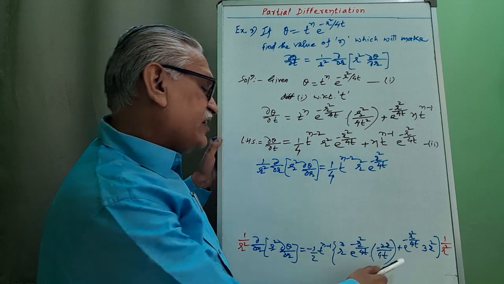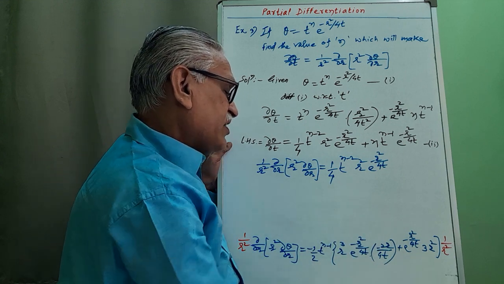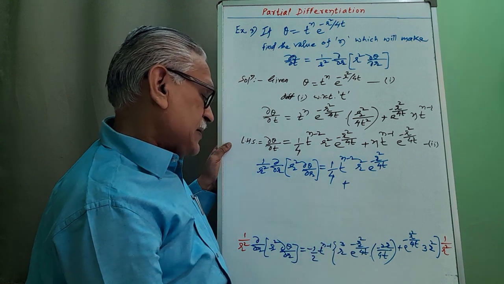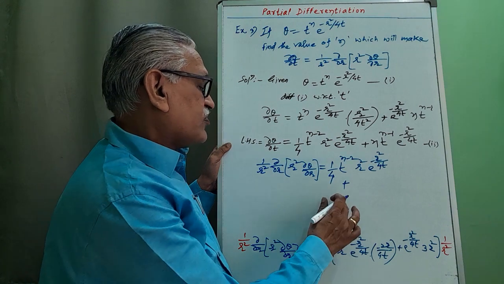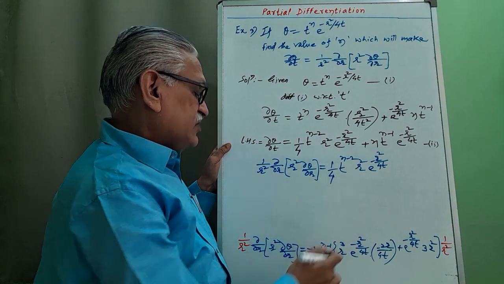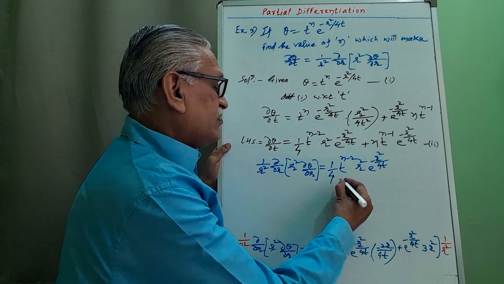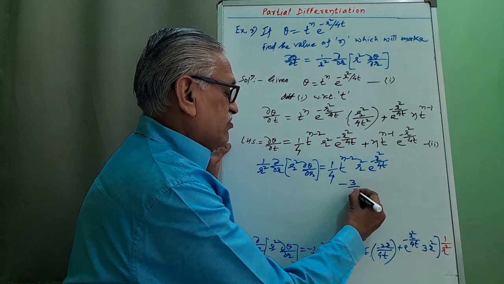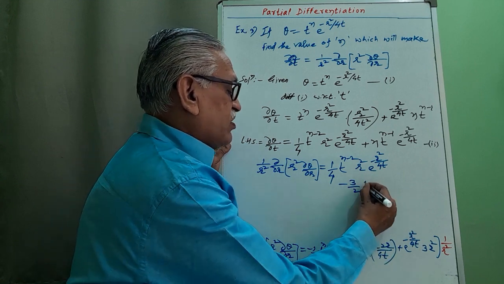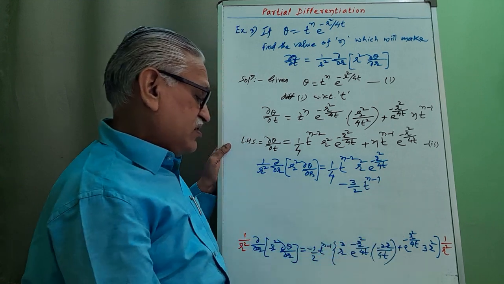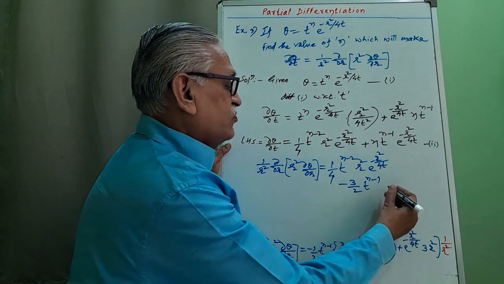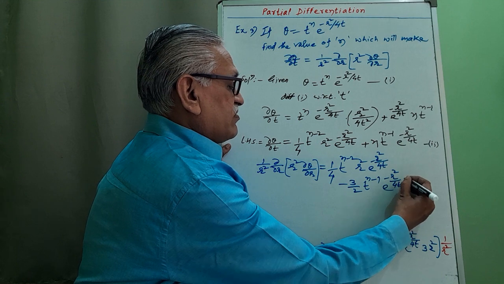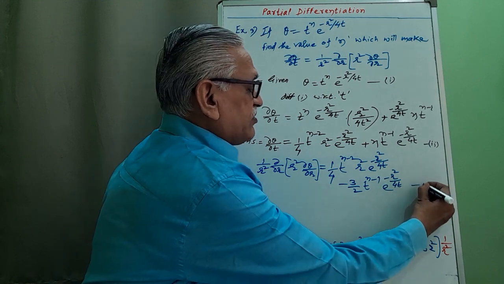And second term, r square get cancelled, it is plus, this is with minus sign, minus 3 by 2 t raised to n minus 1 into e raised to minus r square by 4t, and we call this equation 3.